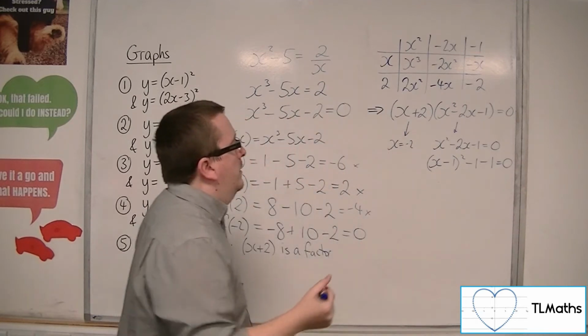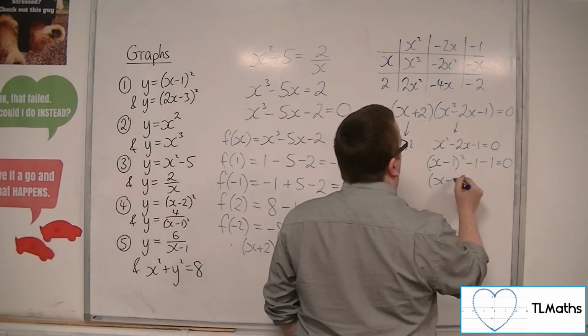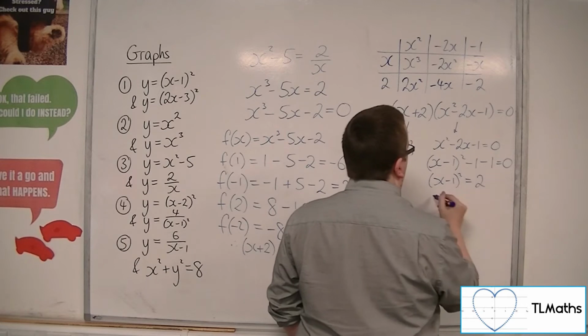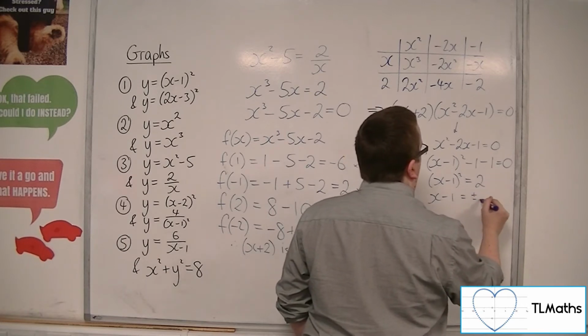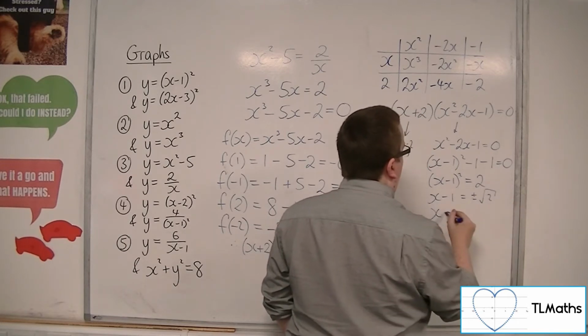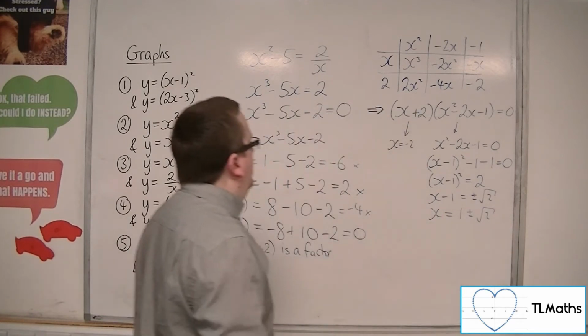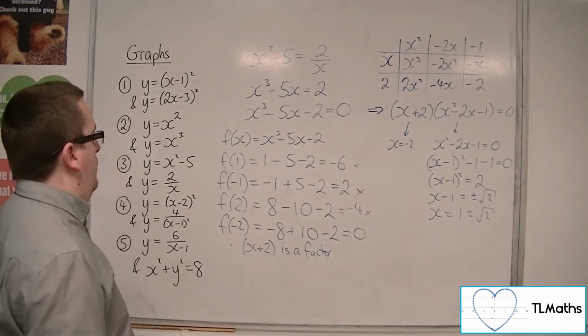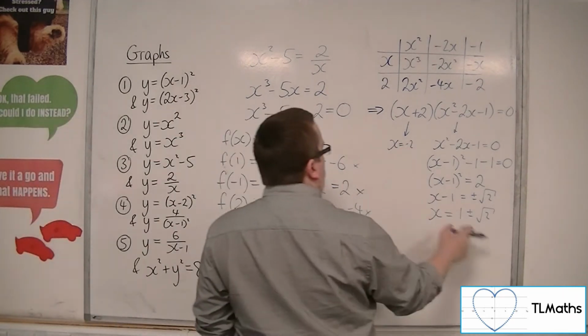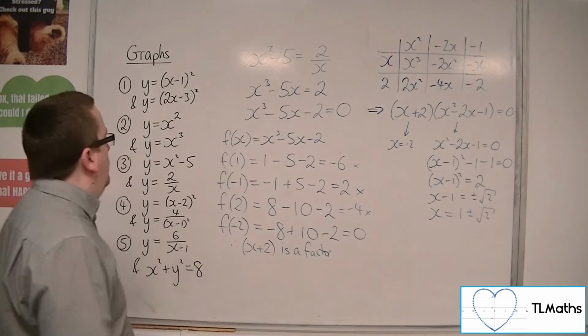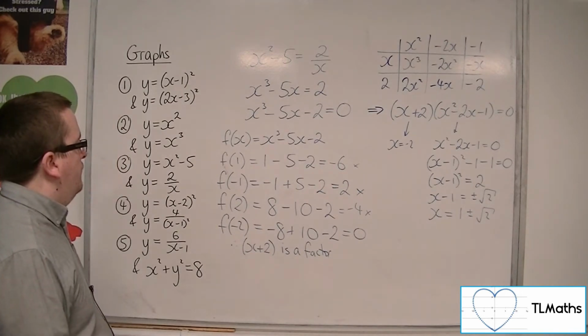Okay. So we're going to have x minus 1 squared is equal to 2. So x minus 1 is plus or minus the square root of 2. And then add 1 to both sides. So we actually have 3 intersection points. We've got minus 2, 1 plus root 2, and 1 minus root 2.